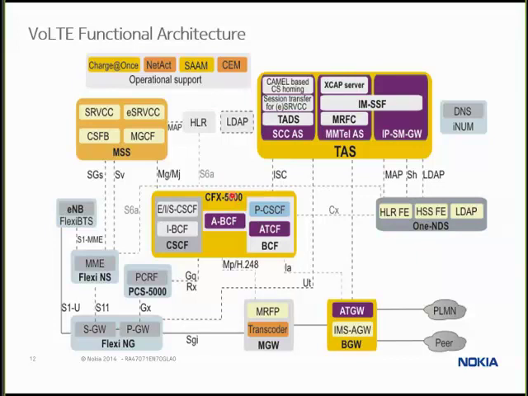So all of these are connected through the network, but there is no standardized link in the 3GPP as to how to monitor every one of these elements. So these are our implementation.